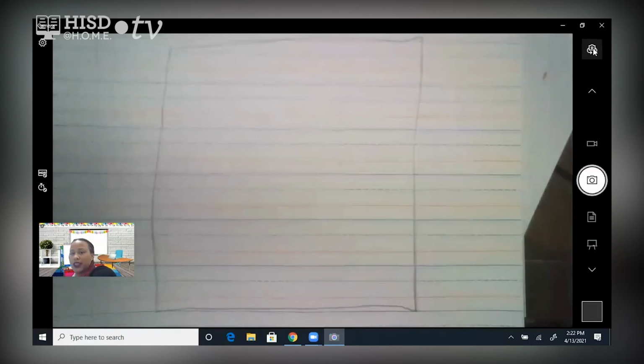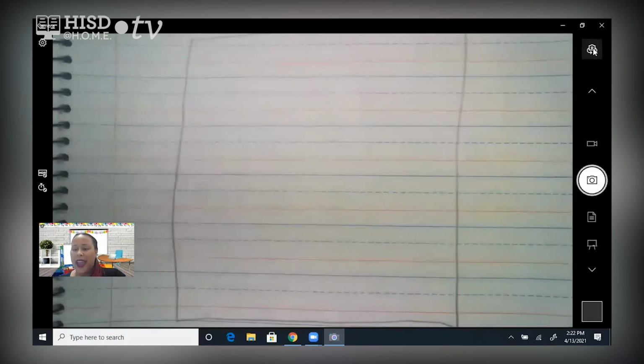Did you make a square on your paper? Where would I want to put a line to show that this square is partitioned into halves? Can you add a line to your square to show that your square has been partitioned into half?